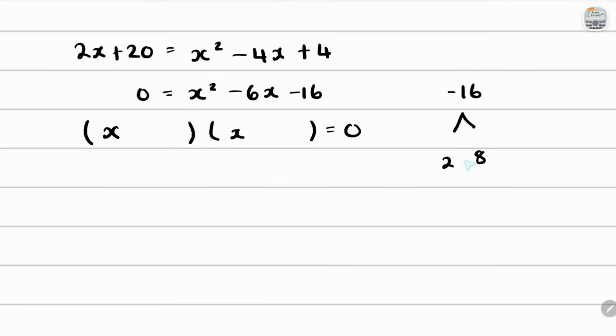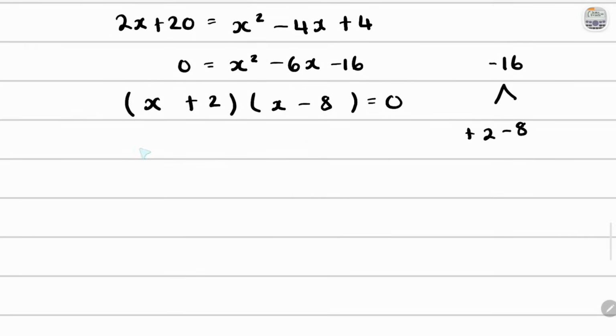Because this is negative, one should be negative, but we need to ensure that it gives us a negative 6 in the middle. So you have to give the negative to the bigger factor. So give the negative to the 8, and the other stays positive. So this is positive 2 and negative 8. Therefore, x is equal to negative 2, or x is equal to positive 8.